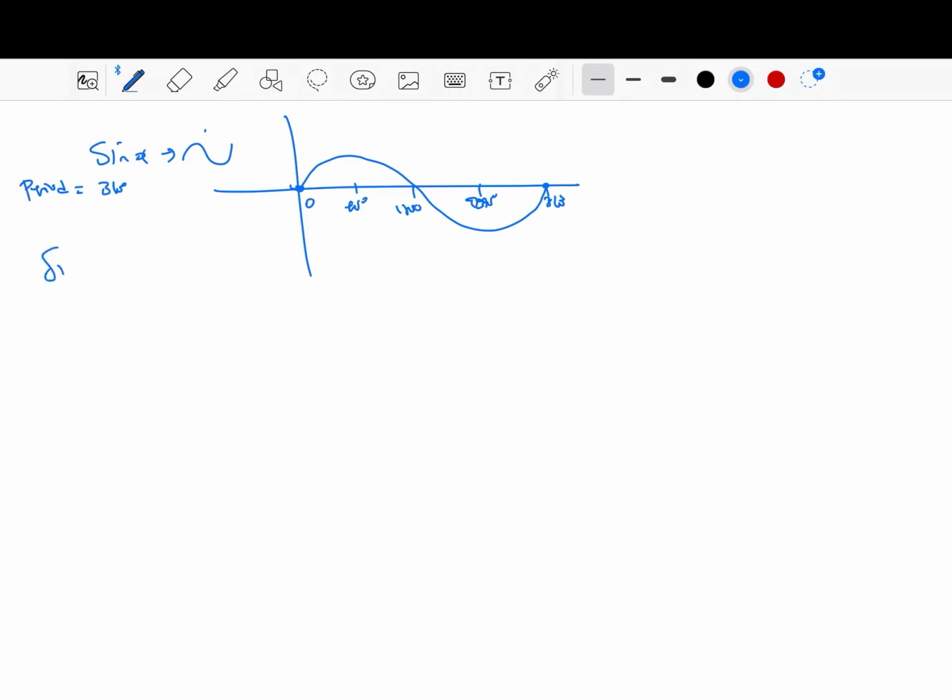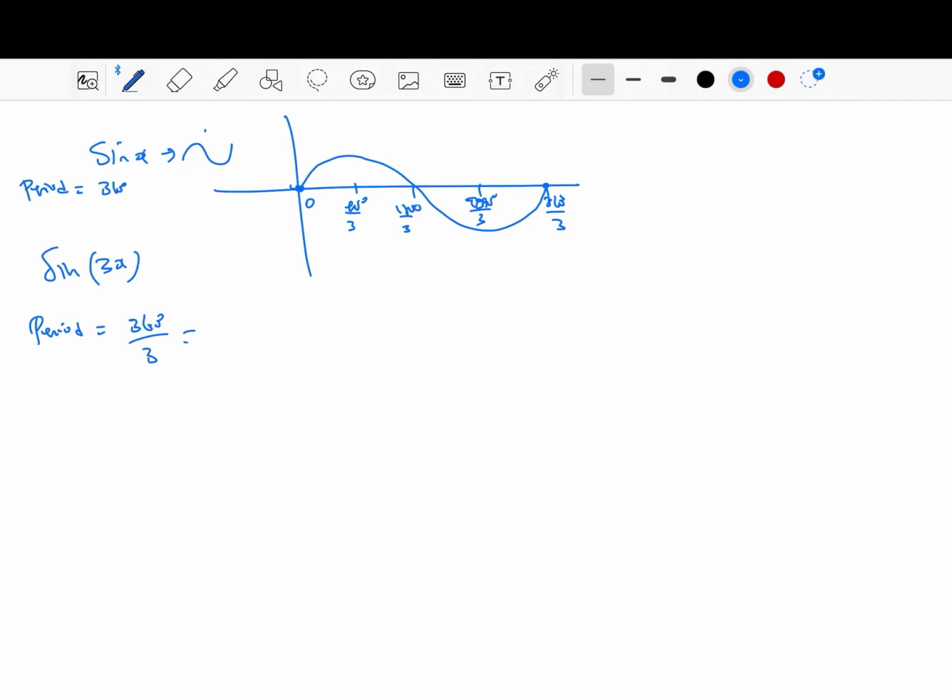Now, if you have sine 3x, right, the period of sine 3x is 360 degrees divided by 3. So you're dividing the whole thing by 3. So it becomes smaller.